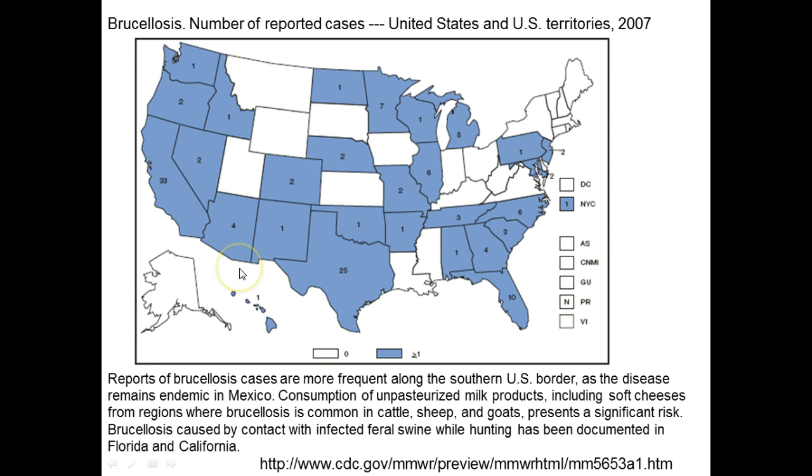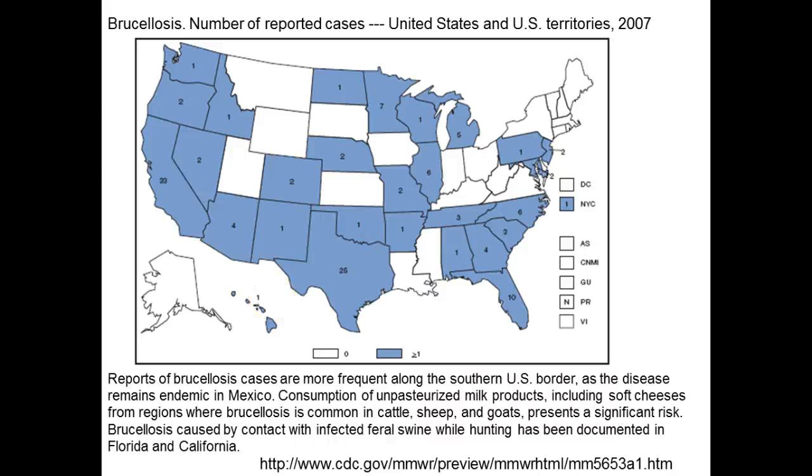For brucellosis, when you look at this one, what did I say? What's majorly going to have this type of infection that we worry about, and therefore could be transferred to humans? What are the major food sources affected by brucellosis? Milk, cattle. So what are the two highest per capita cattle-raising states in the United States?